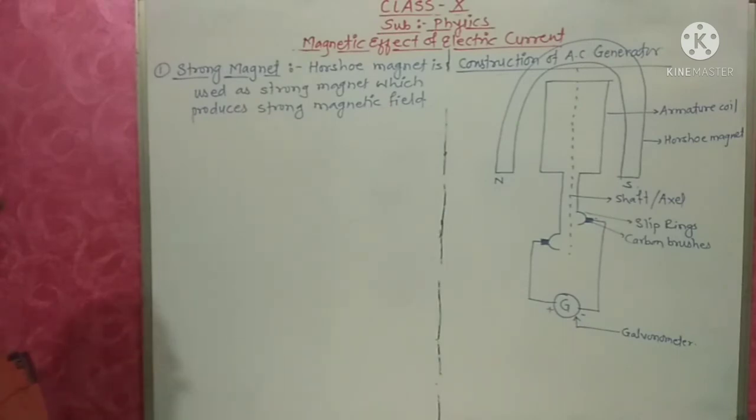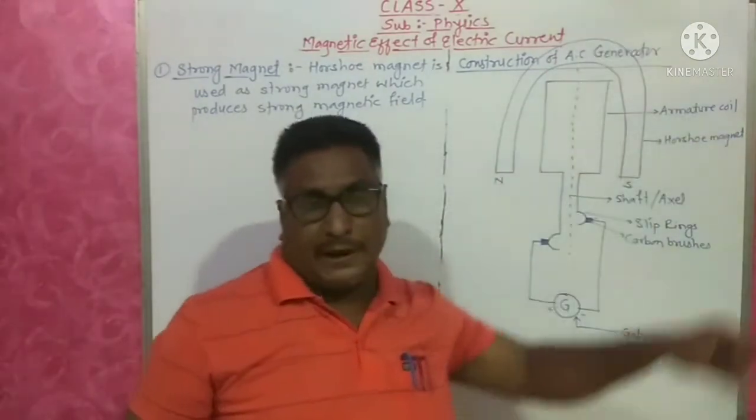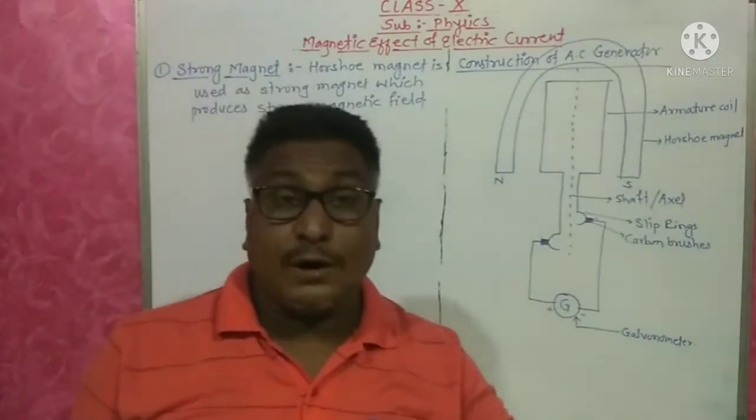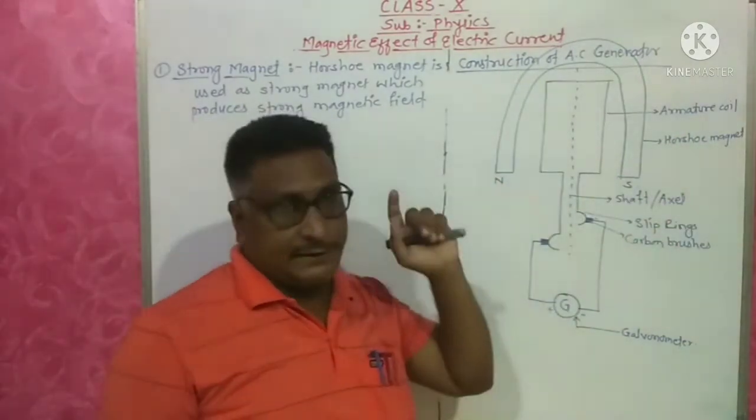What is it producing? A strong magnetic field. So what is the work of the horseshoe magnet? To provide a strong magnetic field.